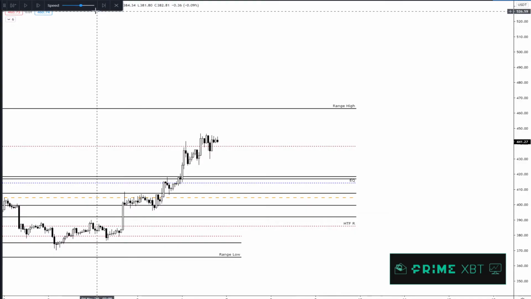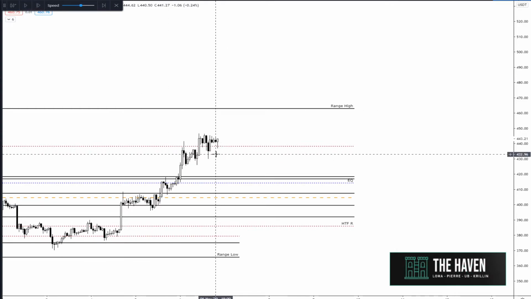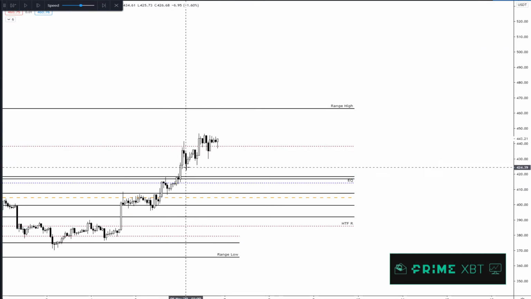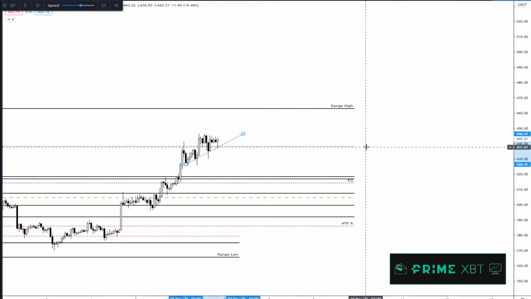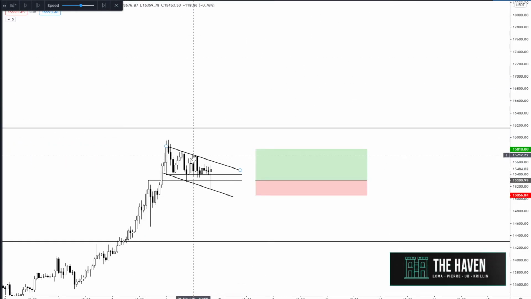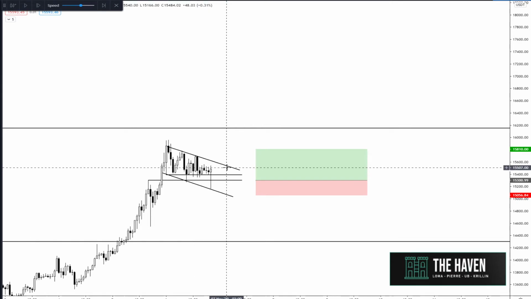If we speed up Ethereum, I believe that was it right there. That was all Ethereum did. Ethereum did not move in the same way that Bitcoin did. Ethereum also has a more bullish pattern on the hourly time frame than Bitcoin. So that just added even more confluence to my argument.